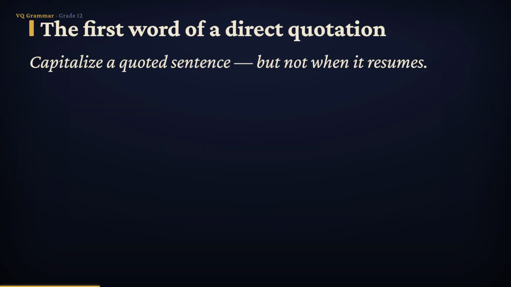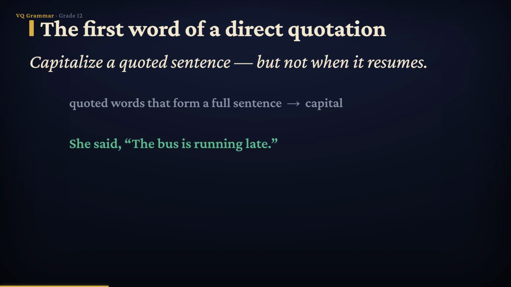Now the direct quotation, somebody's exact words wrapped in quotation marks. When those quoted words form a complete sentence of their own, you capitalize the first one. She said, "The bus is running late." The is capital because it opens a full quoted sentence. But here's the part people miss, so watch closely.